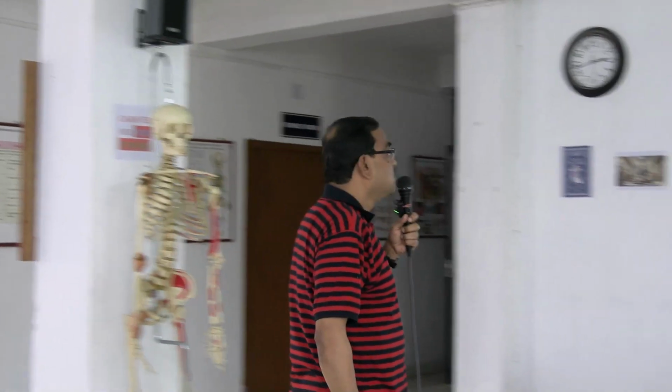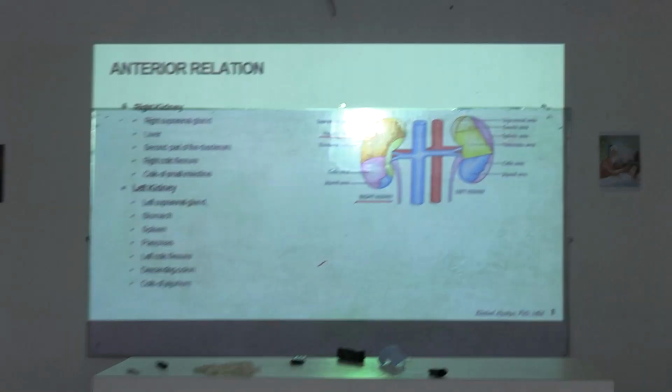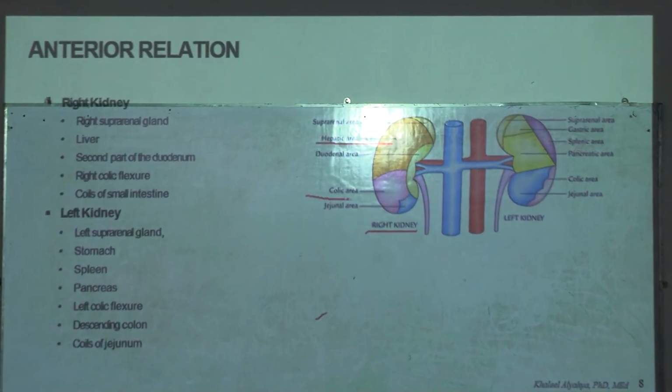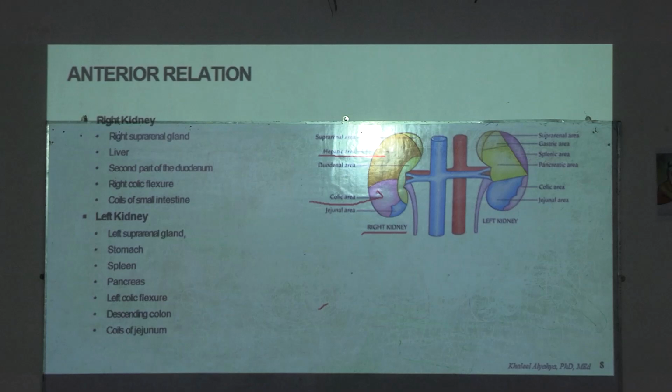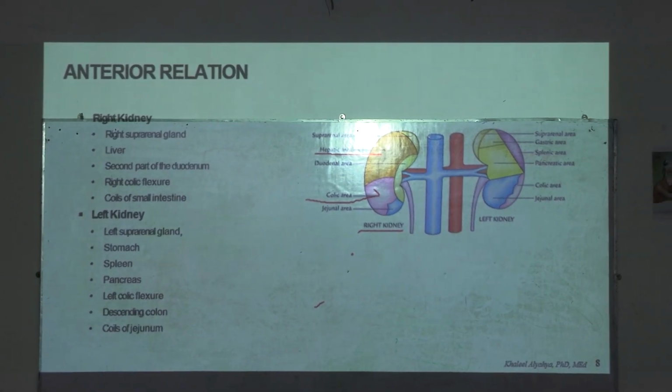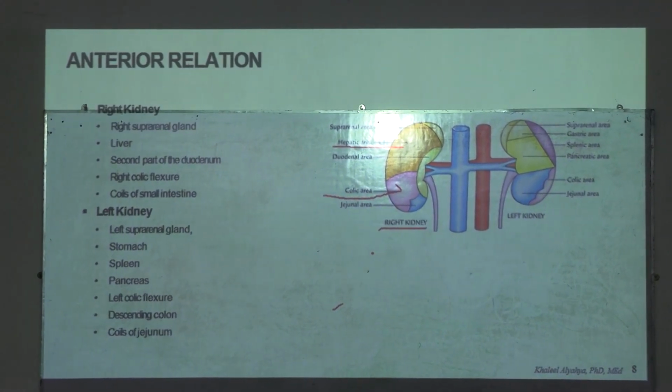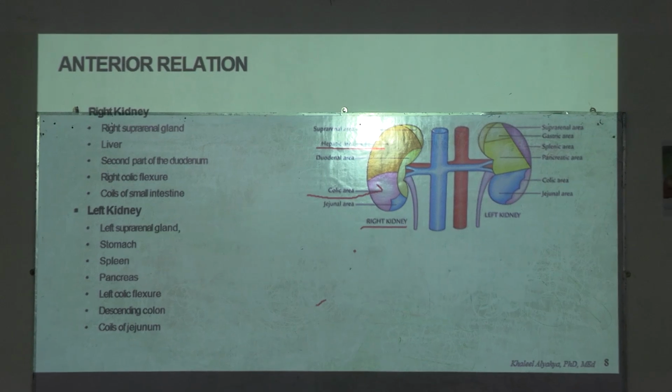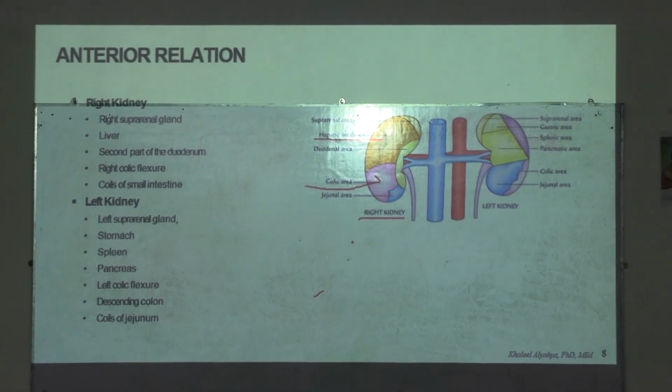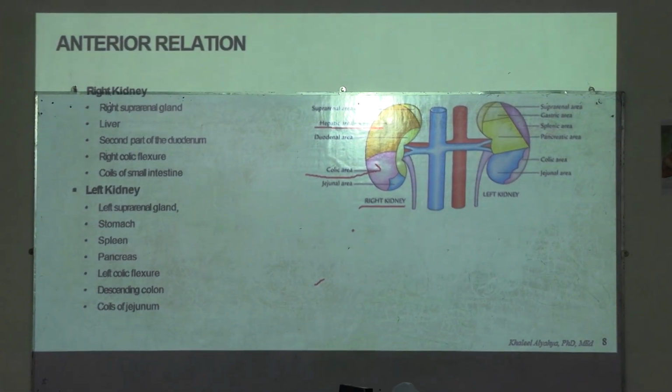Now, below that area, we can find one pink area. We know there is the ascending colon on the right side, which then curves to the left side. There is the right colic flexure, and it continues as the transverse colon.